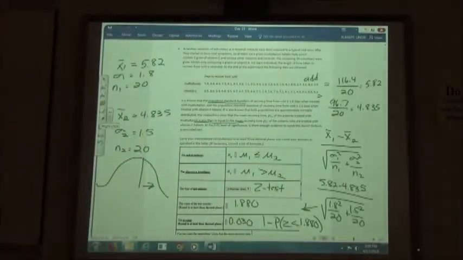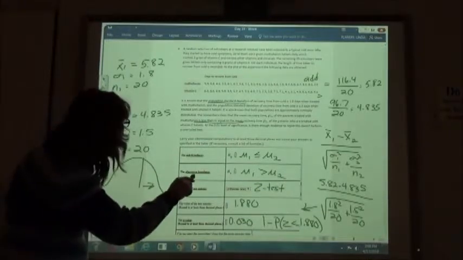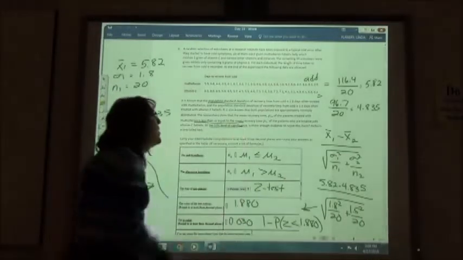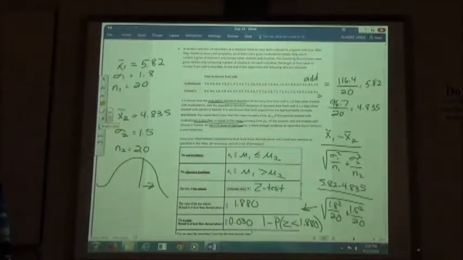Okay. When we test the p-value, we're testing the percent against the percent here, which is the 0.01 level of significance.